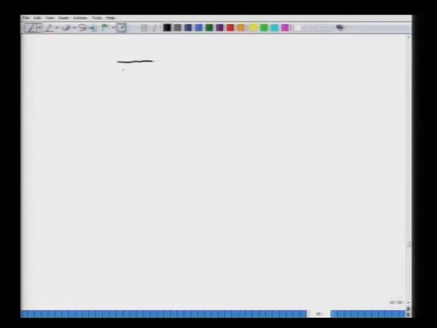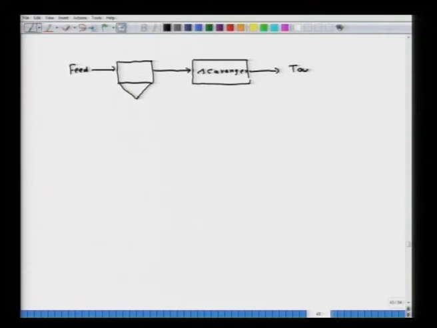Say, for example, if this is the operation, this is the feed, then it goes to the scavenger, and the scavenger tailings are discarded.